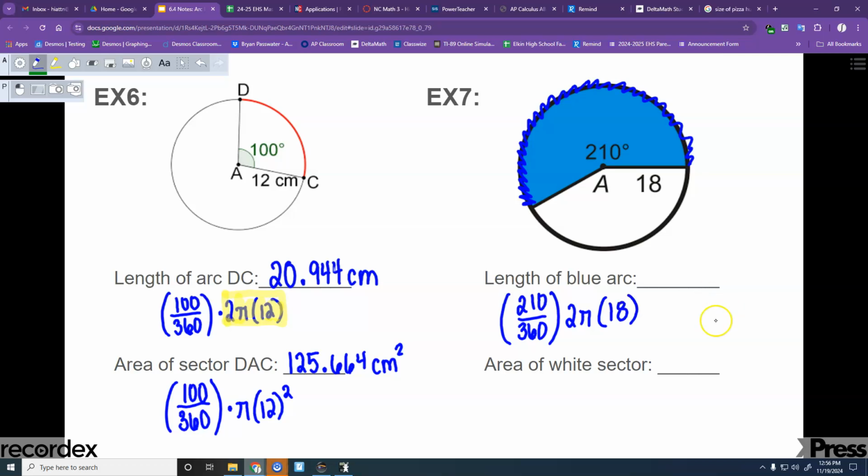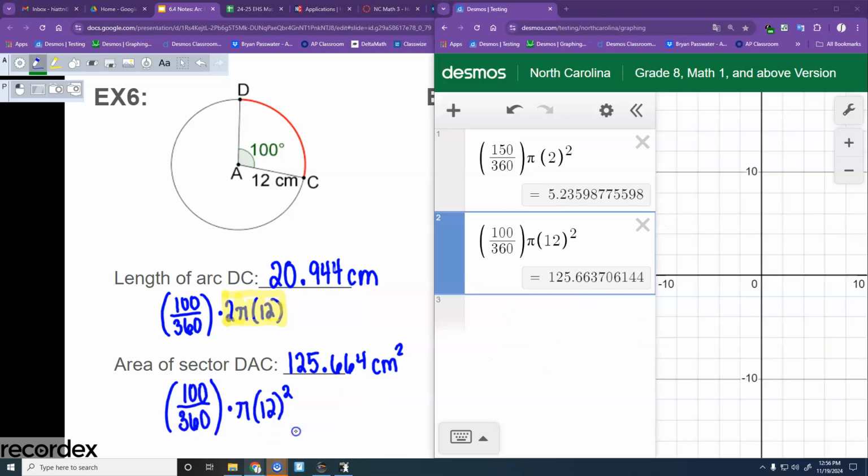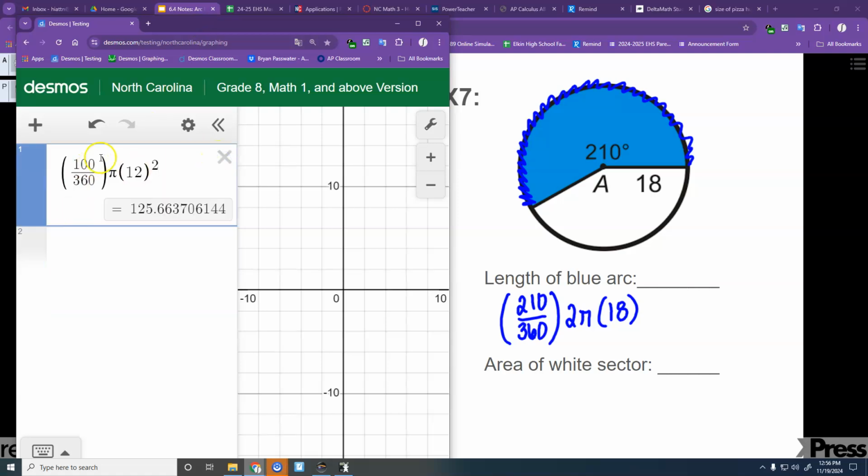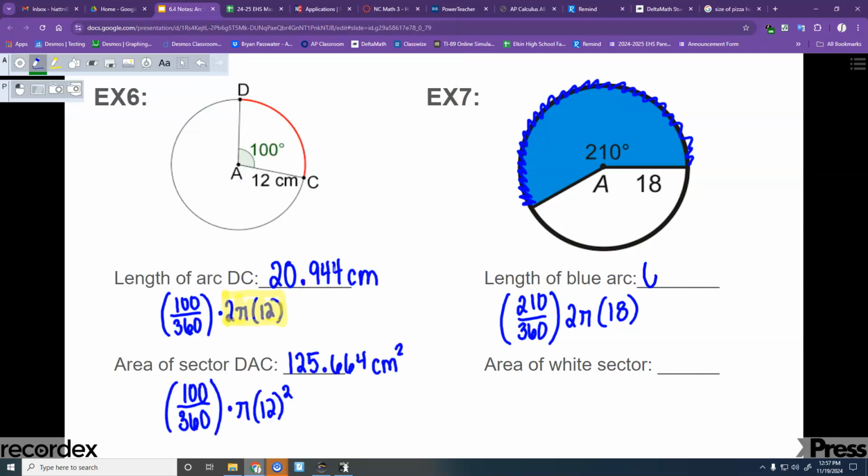So we just type that into the calculator, and if we do that, we will have 210 divided by 360 times 2 pi times 18. And when we type that in, we're getting 65.973. So 65.973. And this one does not have units, so this would be units here.